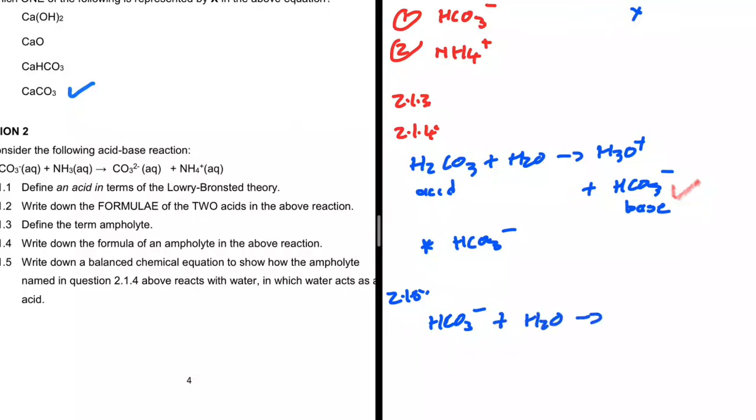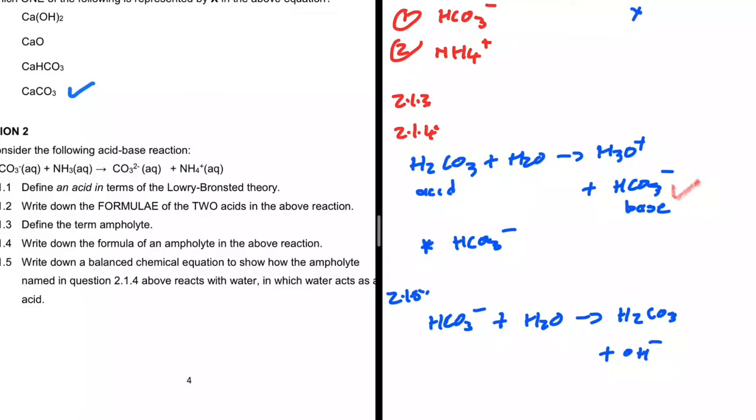We need water to act as an acid, so water needs to donate the proton, and HCO3 minus needs to therefore accept the proton. So we would have H2CO3 plus OH minus. Let's see if all is well.